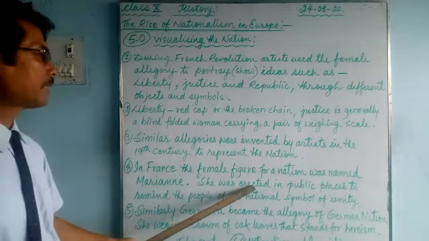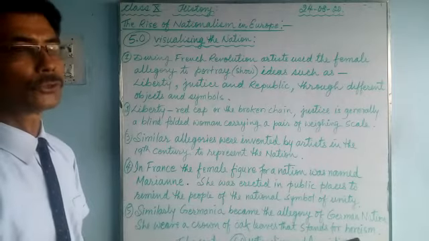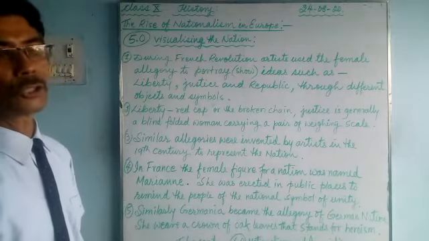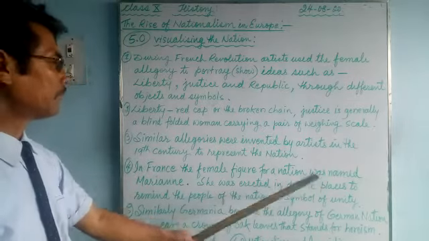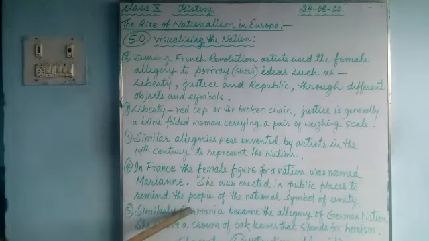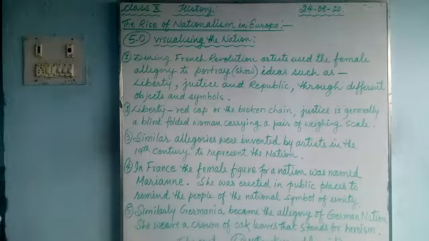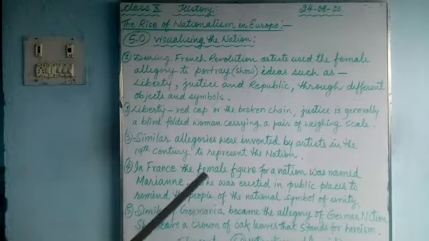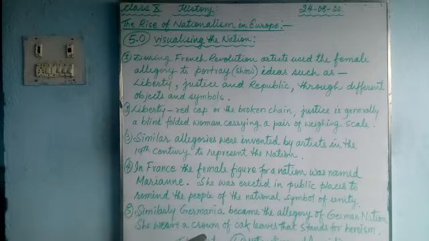The statues and pictures of Marianne were erected in public places to remind people of the national symbol of unity. We must unite to free our nation. That was a symbol of unity, so that even an uneducated person can understand.